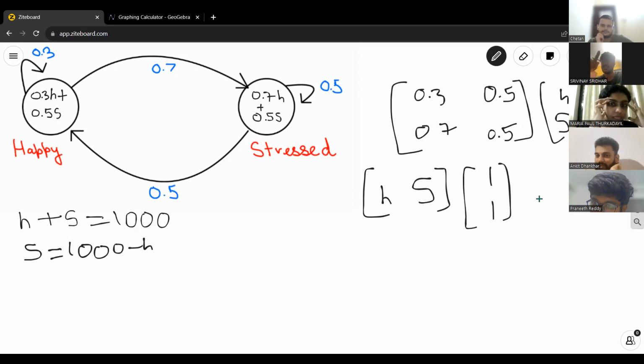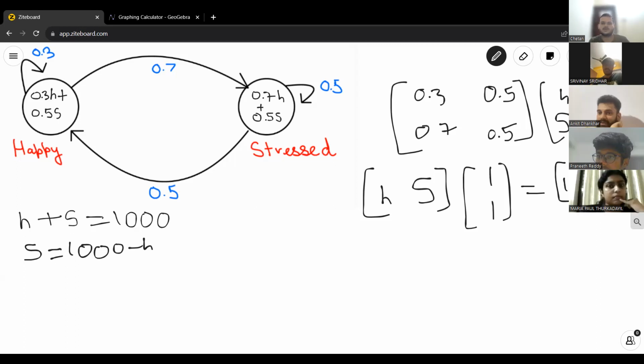Which is nothing but adding the third row in that matrix, equal to 1000. We need to now modify our A in such a manner that this is satisfied, because their multiplication is just h plus s.